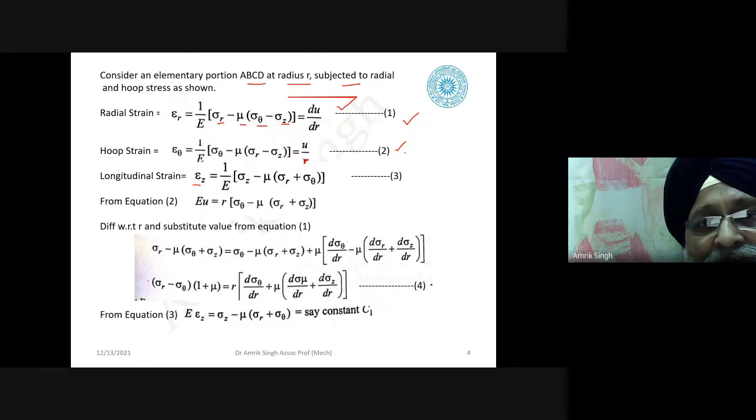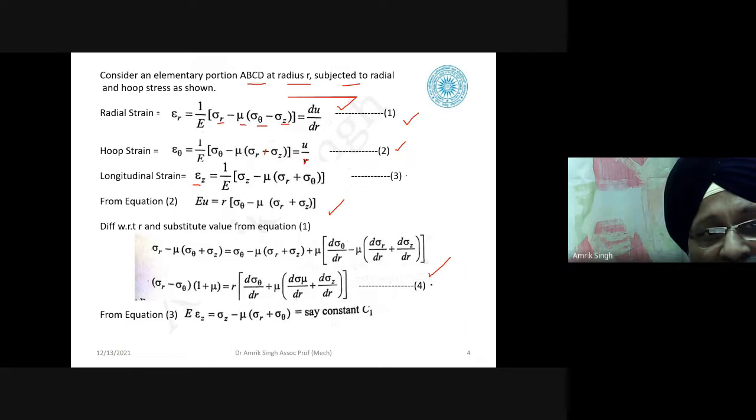Yes, it is actually a plus sign here. Differentiating this equation with respect to r and substituting in the first equation, that is du upon dr, we equate it to the other equation, and we will get this expression.